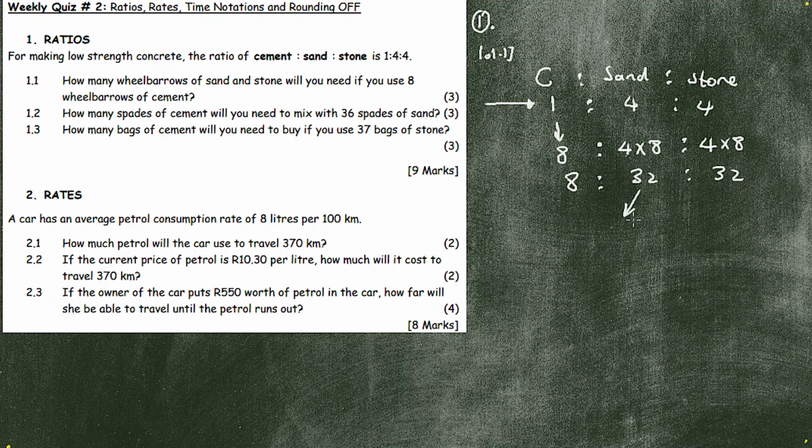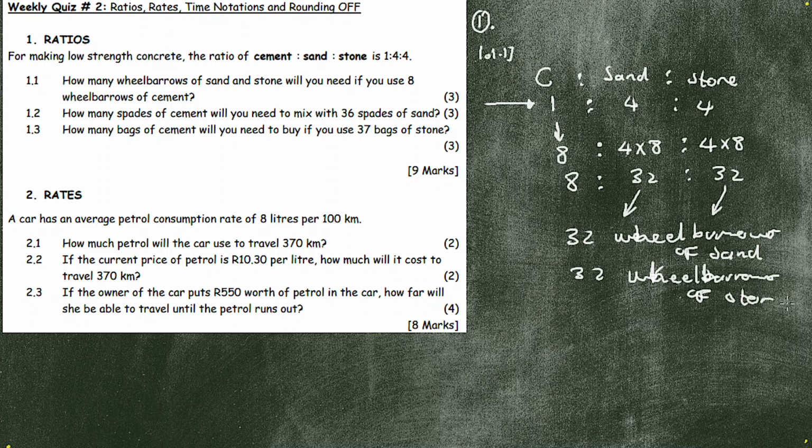So you need 32 wheelbarrows of sand and another 32 wheelbarrows of stone. That's all you need to do.